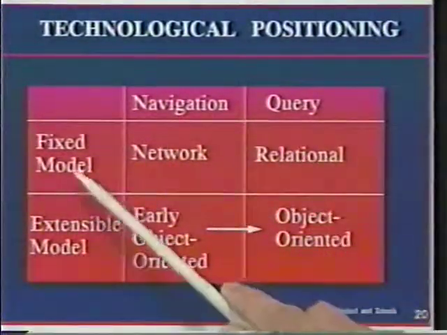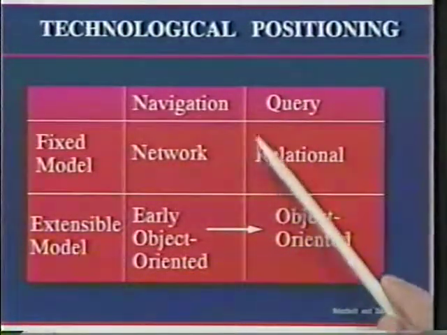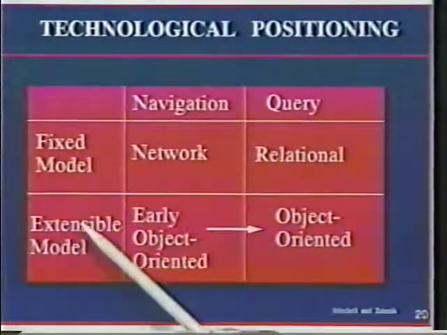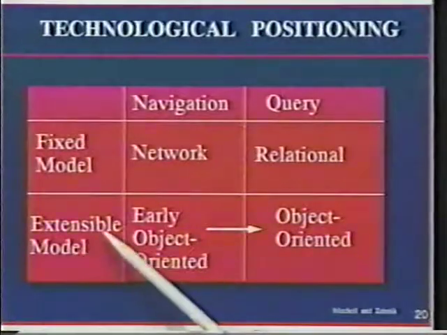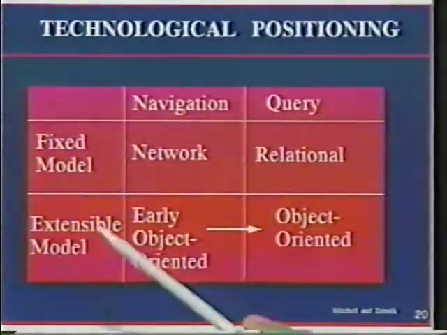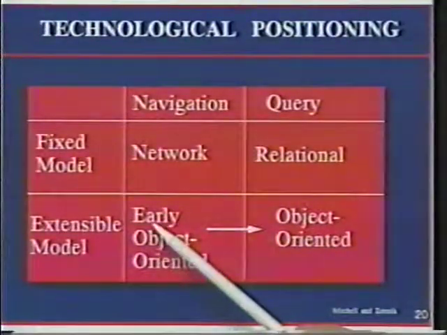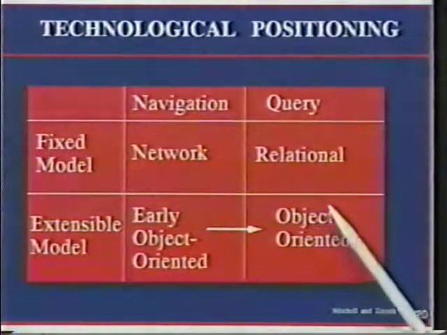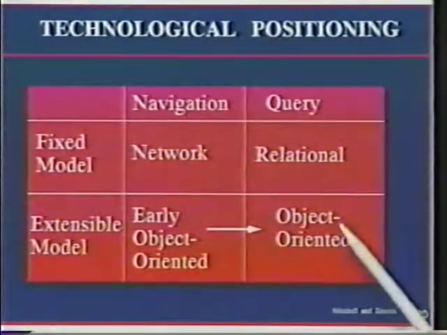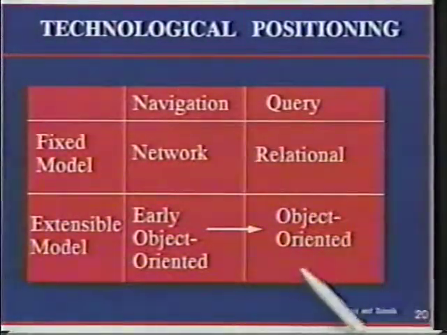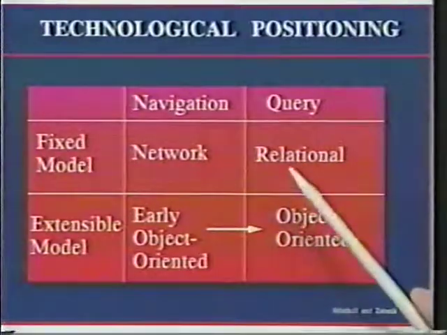The relational databases have a fixed model, but they have a nice structured query language interface. The early object-oriented models are extensible in terms of schema evolution or object evolution. However, they mostly provided navigational facilities, and we are seeing a trend towards object SQL or an object-oriented standard query language, and so the object-oriented systems can be positioned around here.